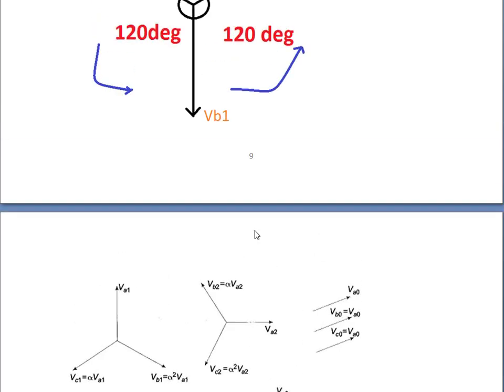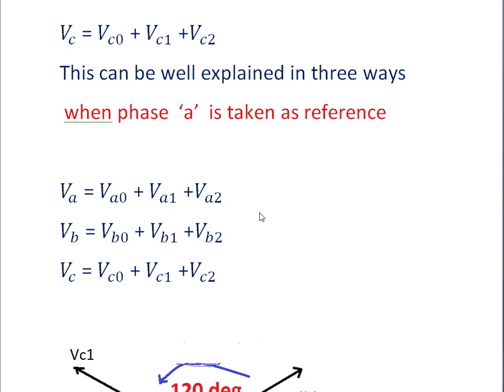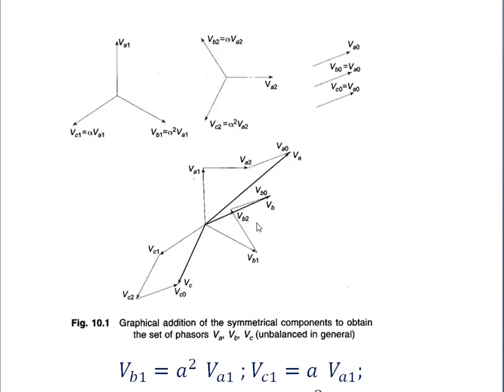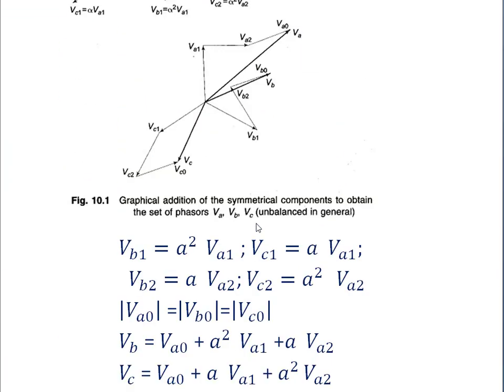The original phase sequence of the system we assumed as ABC, whereas the negative phase sequence will become ACB. Means we have just interchanged B and C with respect to positive phase sequence. So VA2 is here, followed by VC2, followed by VB2.